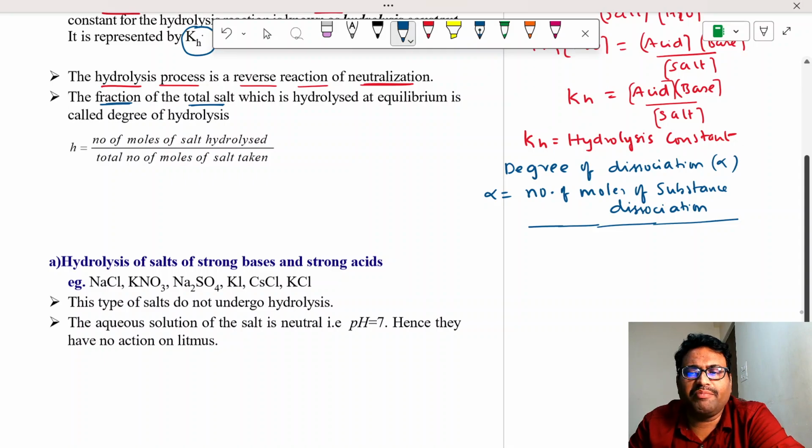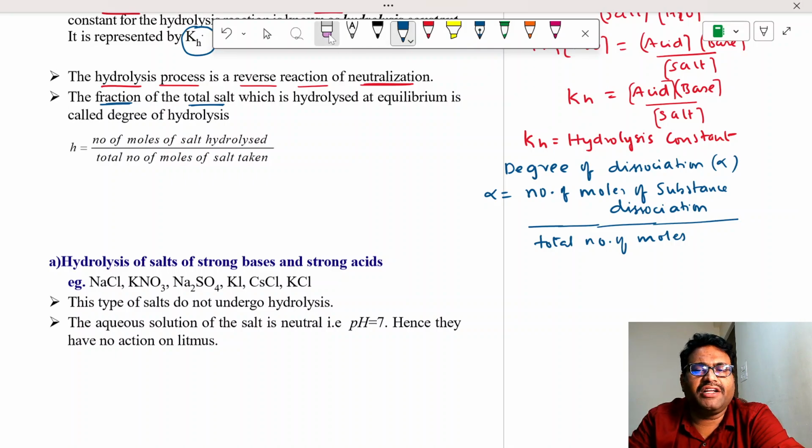That is called the number of moles of substance dissociated by total number of moles. This is the mathematical representation for alpha.